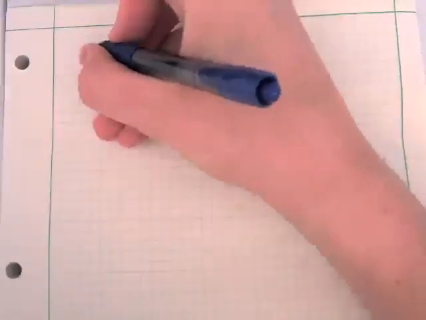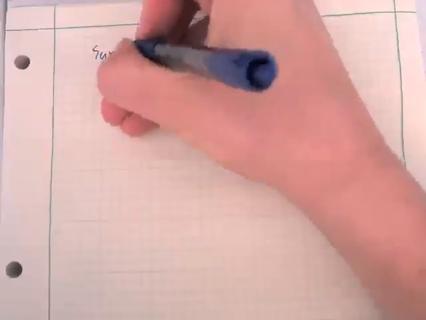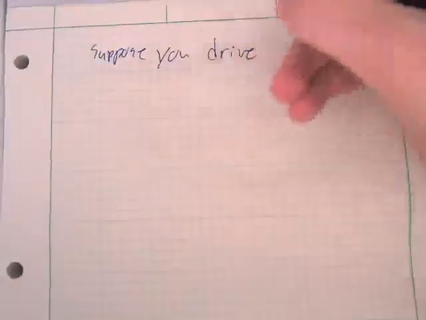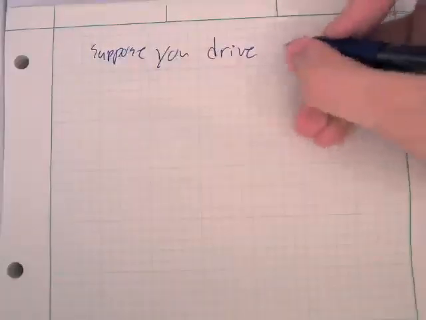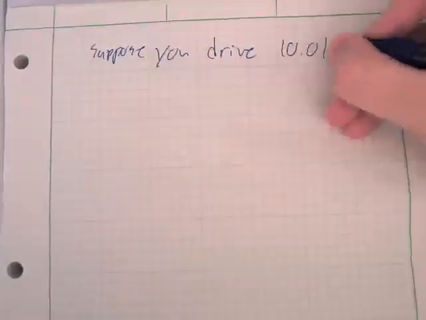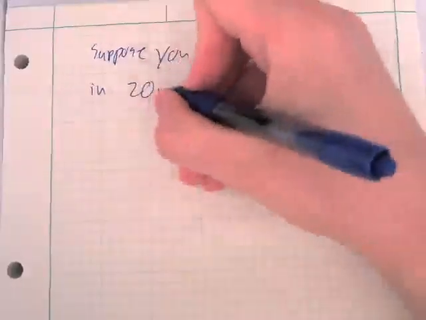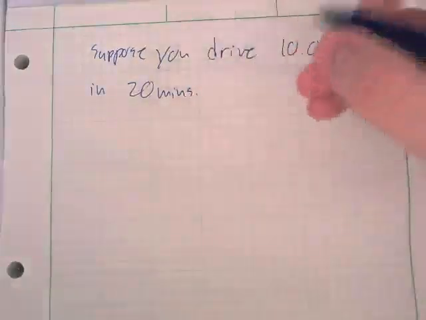It's going to be the last example that we'll do of these unit conversion type problems. We're going to add a couple more terms in here. Suppose you drive 10 kilometers in 20 minutes.